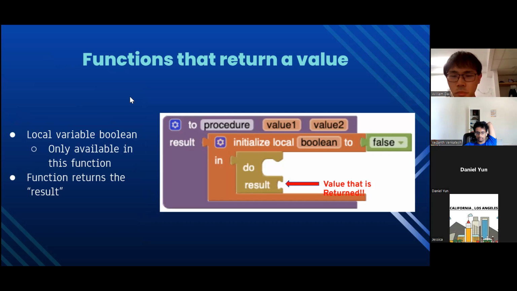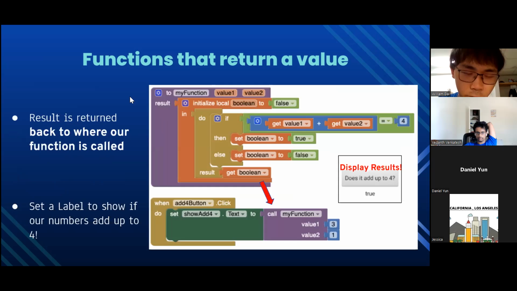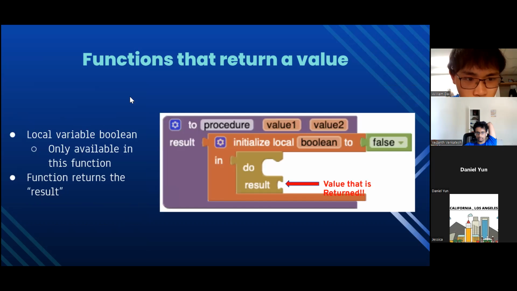Oh, and also inside a function, we can have local variables, which you can only access inside the function. So you can't call this Boolean variable outside of the function. You can still call it inside the function, but you can't do it outside.